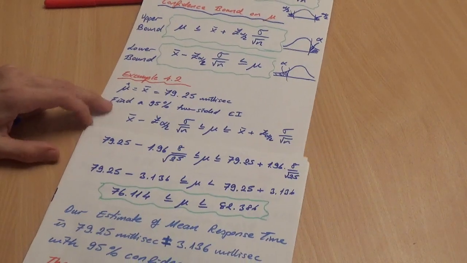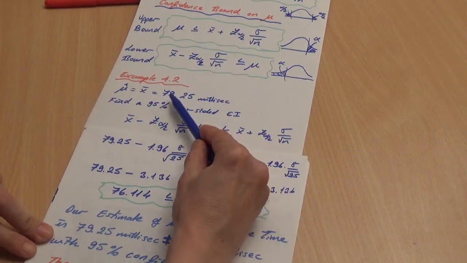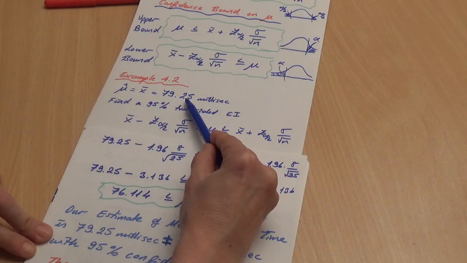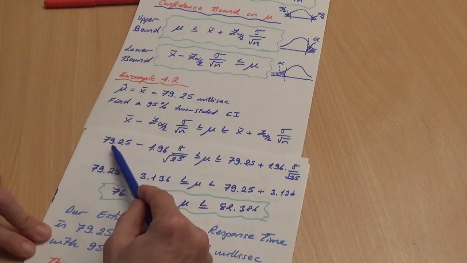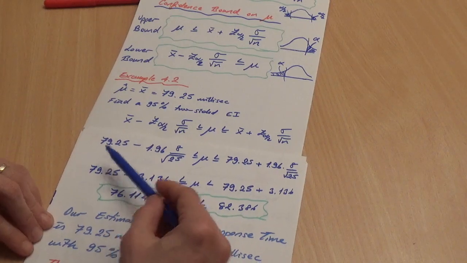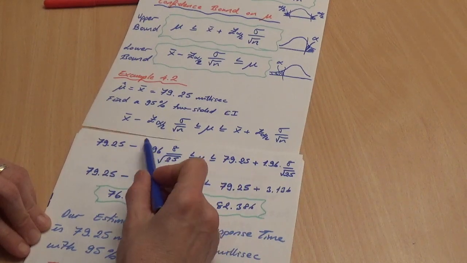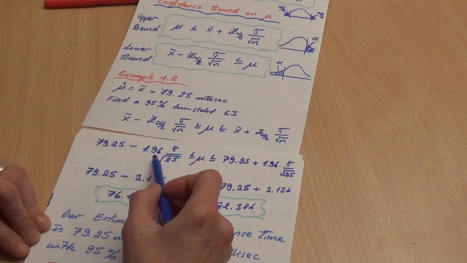Now we put 79.25 in place of x bar because it is the average of the sample. We found this 1.96 from the table.